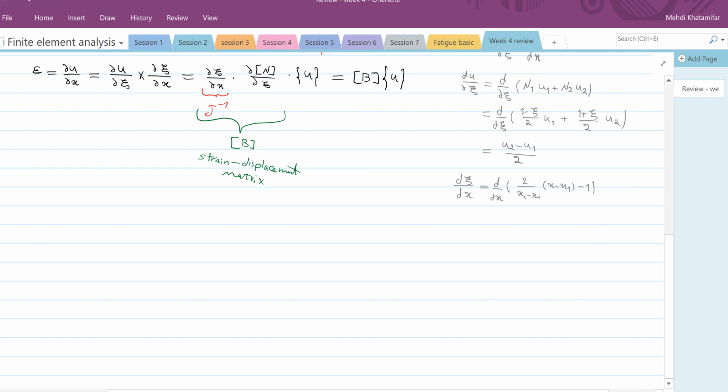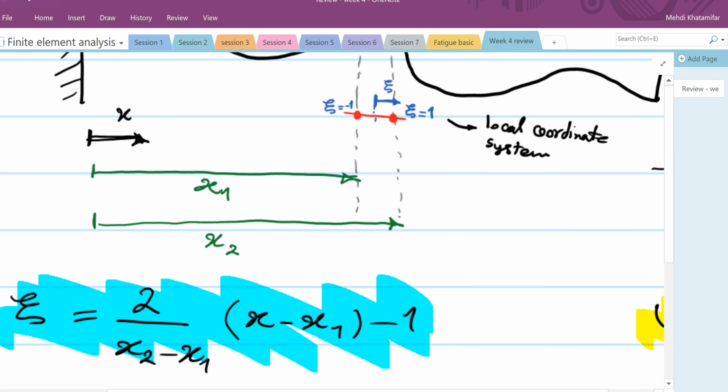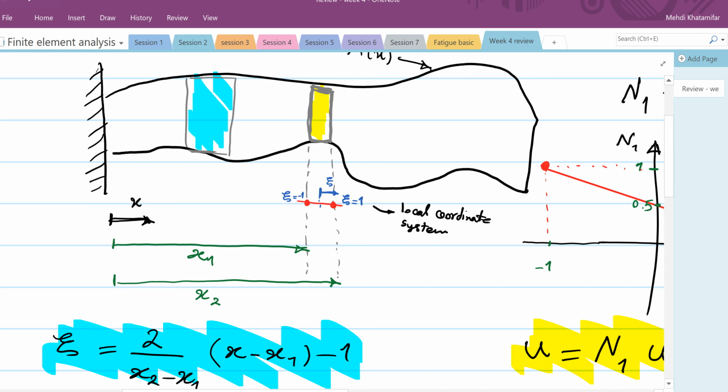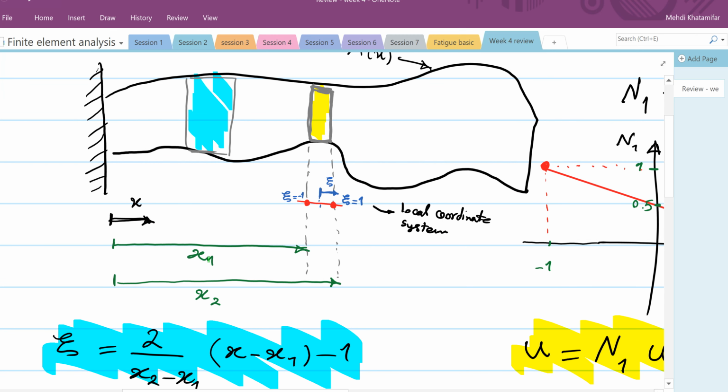If I find this derivative over x, it is going to be 2 divided by x2 minus x1, which is equal to 2 divided by the length of the element. Let's see what x2 minus x1 is. x2 is this one, x1 is this one.